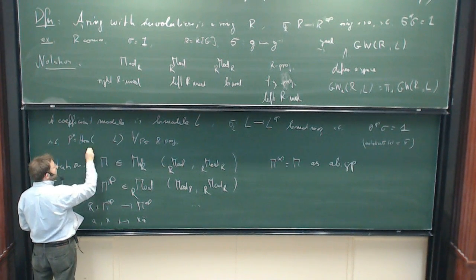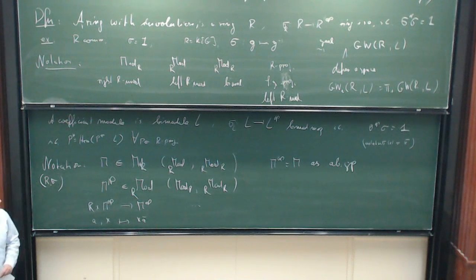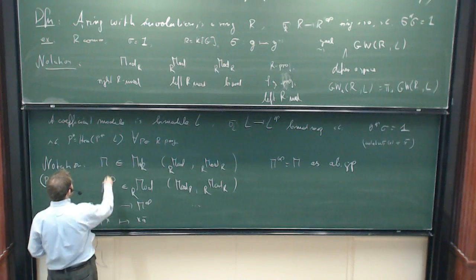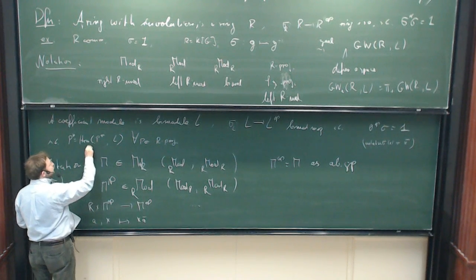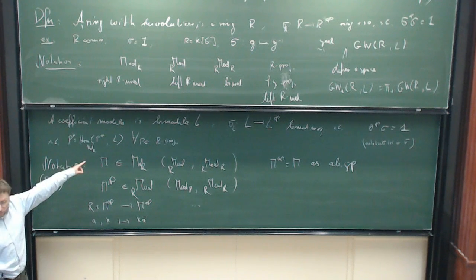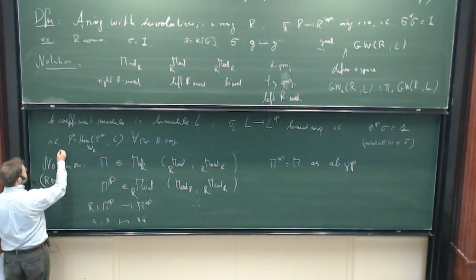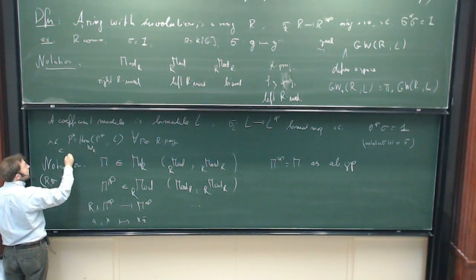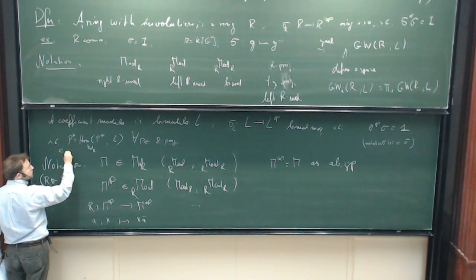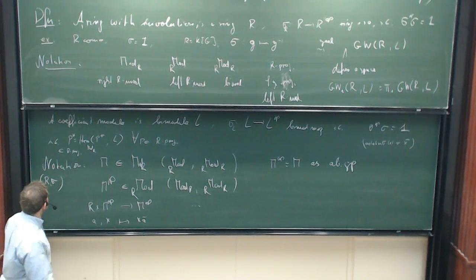But this is a bimodule. So if I stick P in here, make it a right module, and take right module homomorphisms, then what I still have left is a left module, because L was a bimodule. So this is automatically a left module anyway. We require this to be a projective left module.